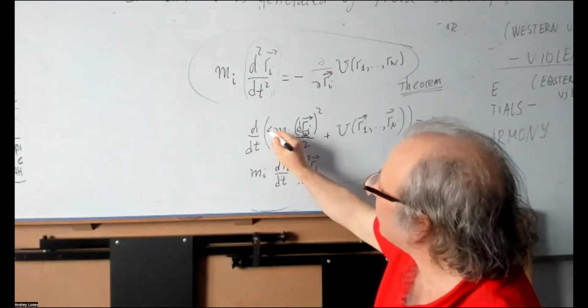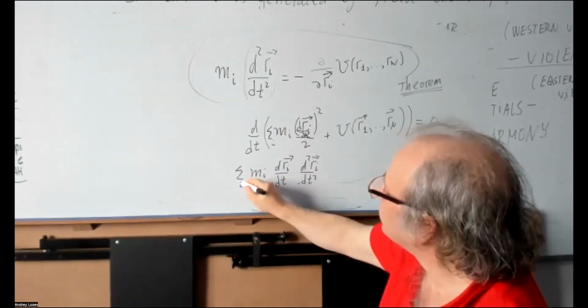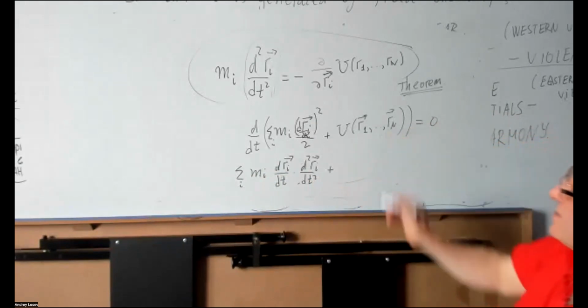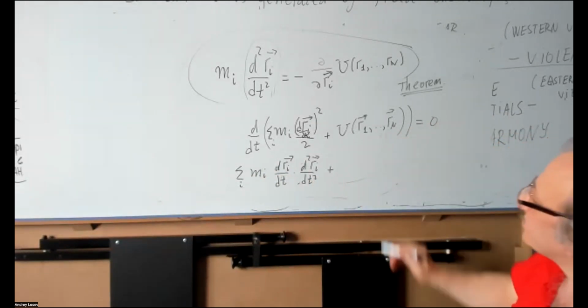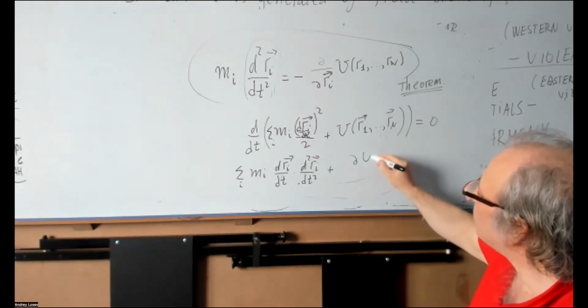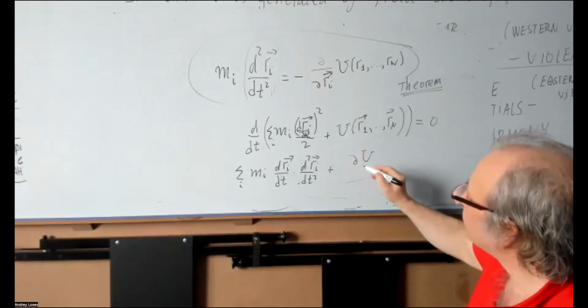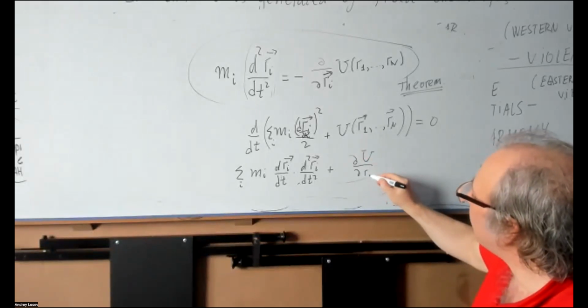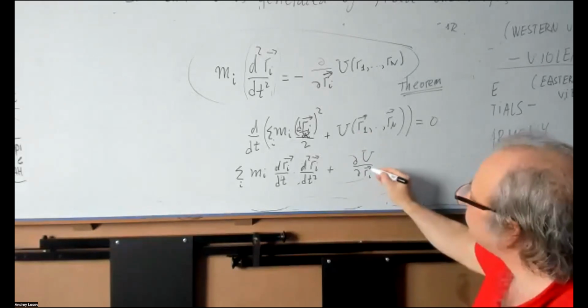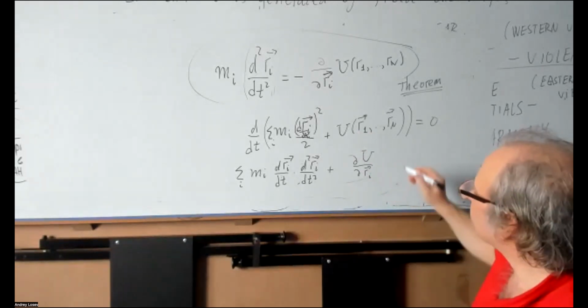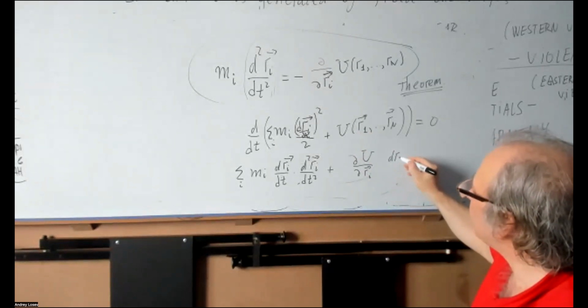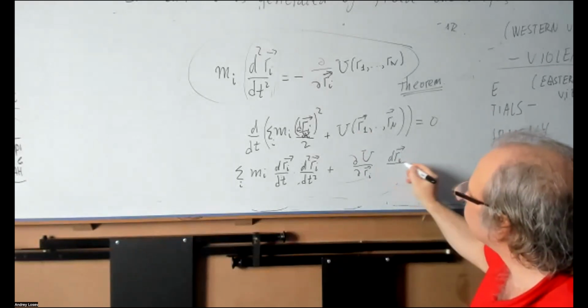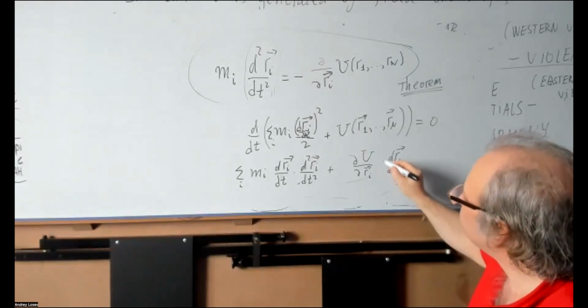And here I have a sum over i. And here is the second term. I have the partial derivative over dr_i, and here I have dr_i over dt.